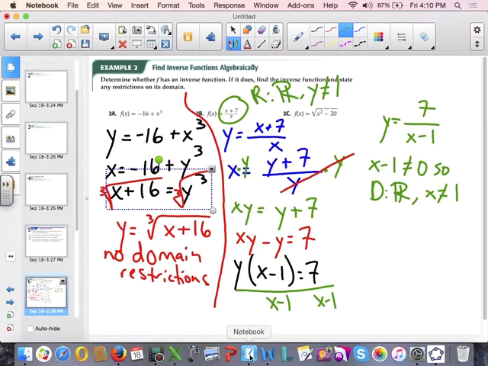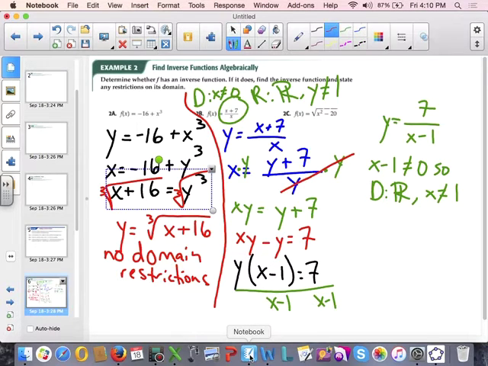So let's see if that relationship exists with our domain and range in the other direction. So in the original function, my domain was that x could not equal 0. Make sure that you understand why.